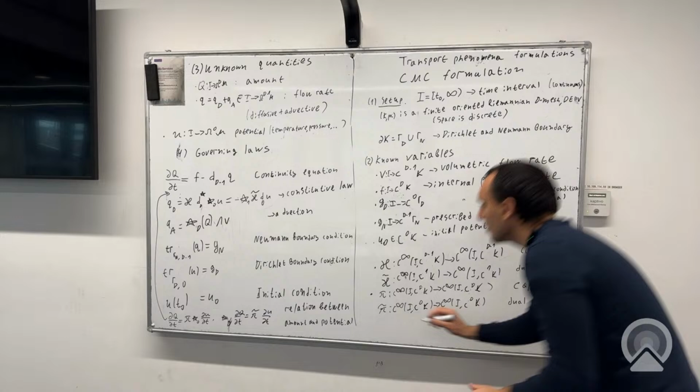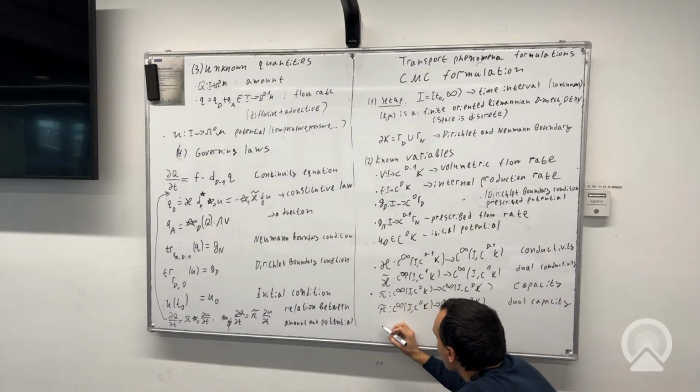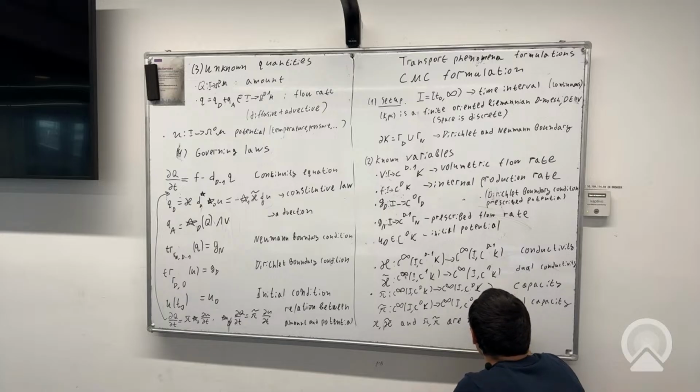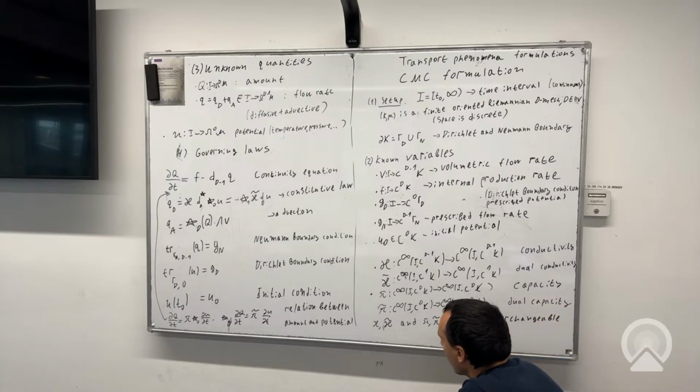Okay, let's write this down. So kappa, kappa tilde and p tilde are not interchangeable on a mesh, since Hodge stars are not invertible.